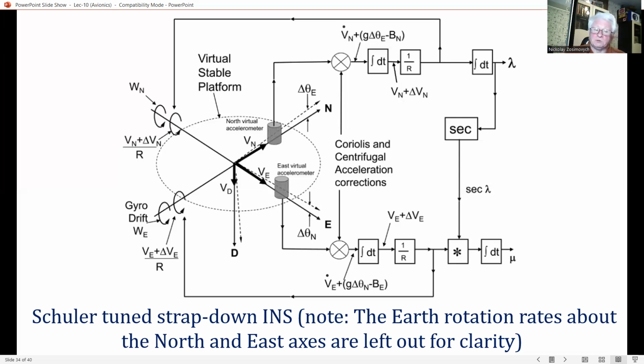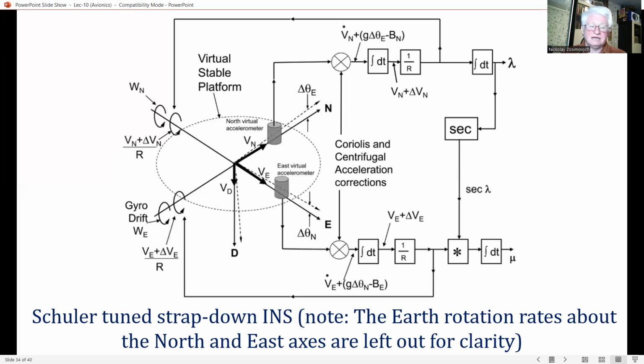Thereafter, it is rotated at the appropriate Earth rotation rate component and the appropriate vehicle rate component so as to maintain alignment with the local NED axes. The vehicle rate components are derived by integrating the corrected north and east accelerometer outputs with respect to time.